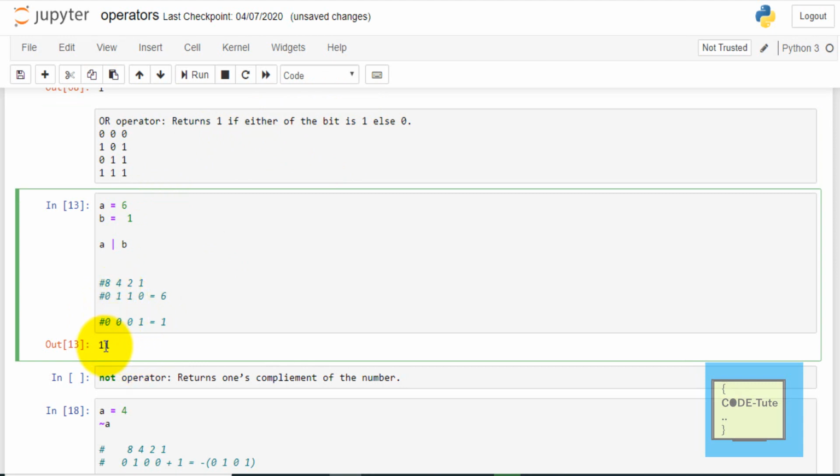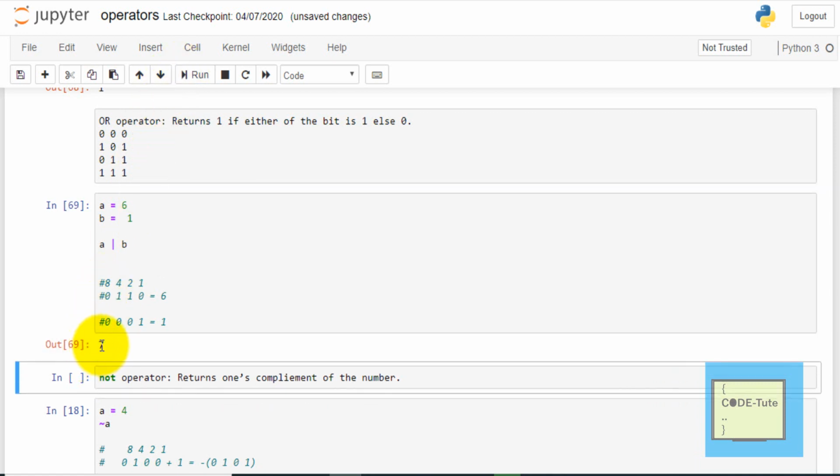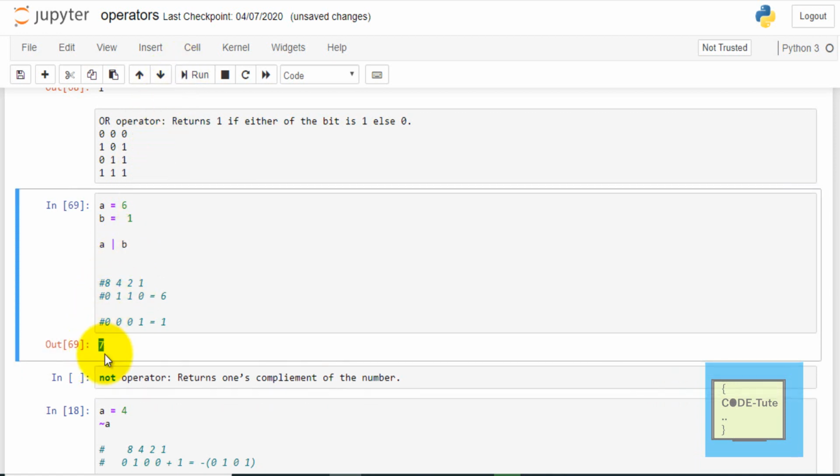So that's why we got this output. Run this, and the result is 7. In case both the bits are 0, only then the output is 0, else you will get some value here.